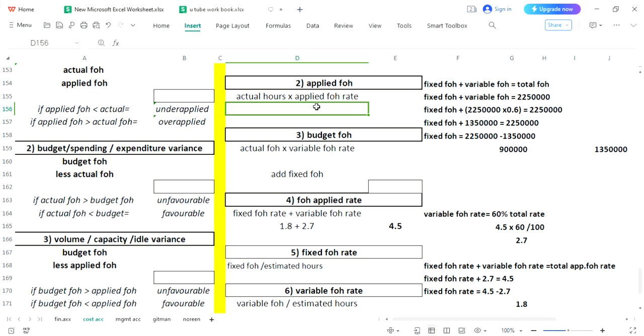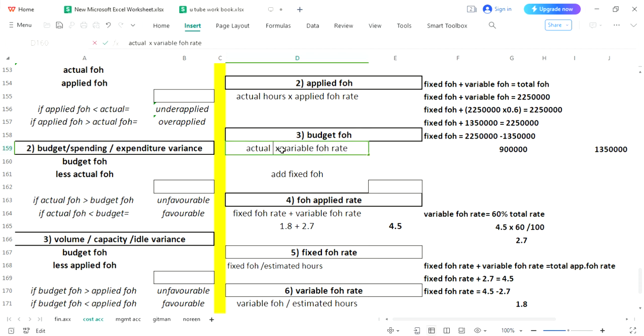Here, applied FH, can we calculate? Budget FH, can we calculate? Yes, both yes, because we have actual hours, we have the applied rate, actual FH, and the variable FH rate is also present. Okay, we can calculate.